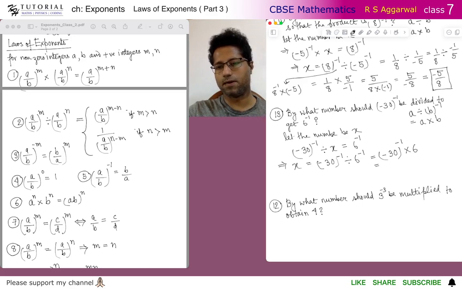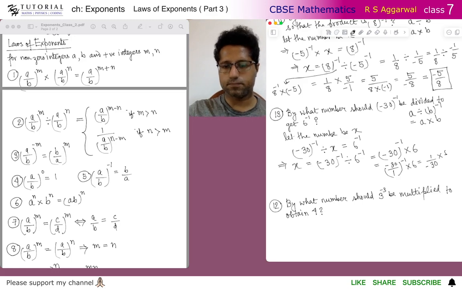It's a reciprocal of minus 30. Let me write it. Minus 30 is minus 30 by 1, to the power minus 1, into 6. Now the reciprocal of minus 30 by 1 is nothing but 1 by minus 30, into 6.